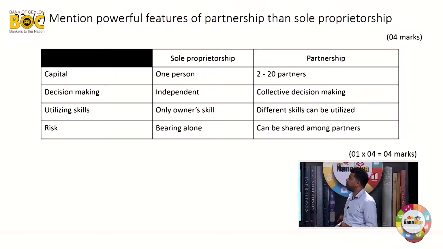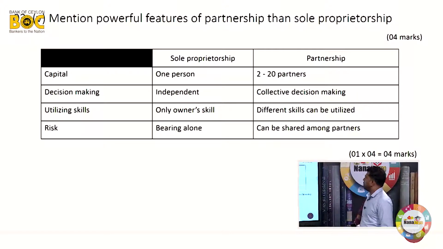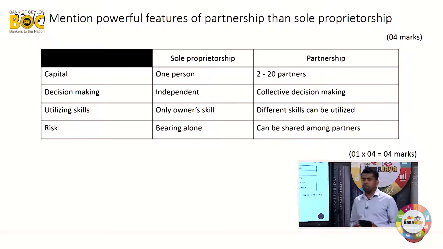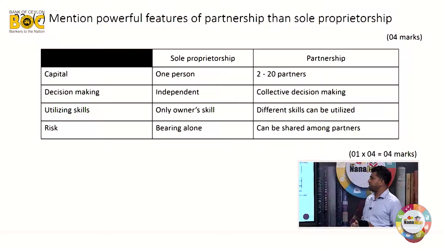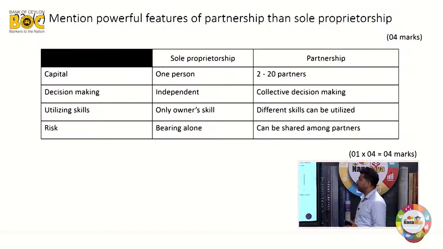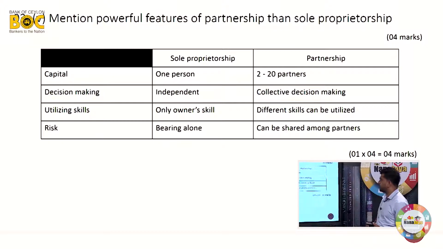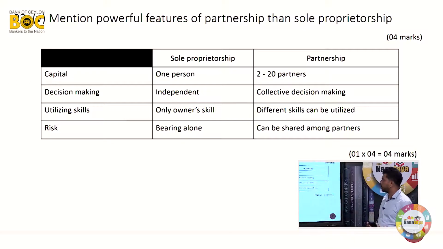Mention powerful features of partnership over sole proprietorship. Right. We can use the partnership business model to avoid limitations of a sole proprietorship business. I have taken 4 criteria to show the powerfulness of partnerships over sole proprietorship.